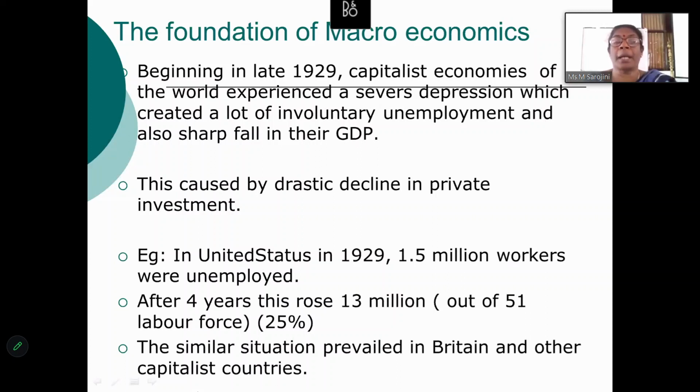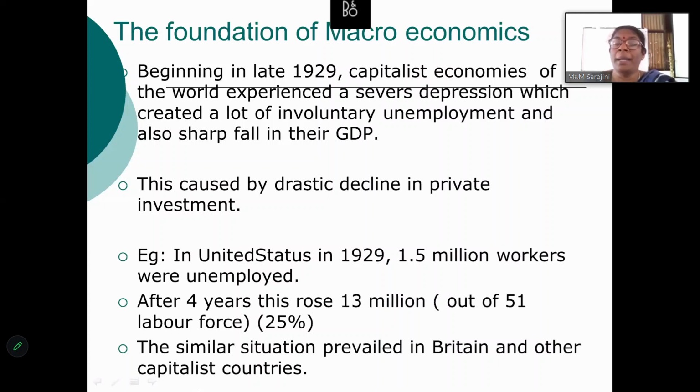During that time, the capitalist economies of the world, not a single country but the world, experienced a severe depression, which created a lot of involuntary unemployment. What is involuntary unemployment? The people are forced to be unemployed. And also a sharp fall in their GDP.